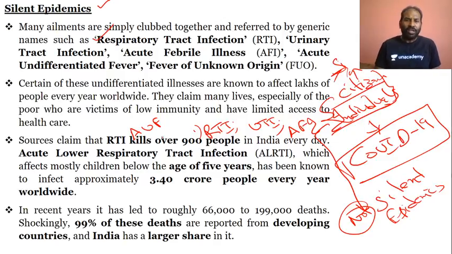So definitely you have these ailments which are really causing a lot in regards to the mortality, but we are not worried about it. And these are all silent epidemics, wherein individuals, or as a responsible citizen, we are also not worried about it, because an individual thinks that it will not affect them, or they do not know when it will affect, or they have a kind of confidence because they have a vaccine for this.